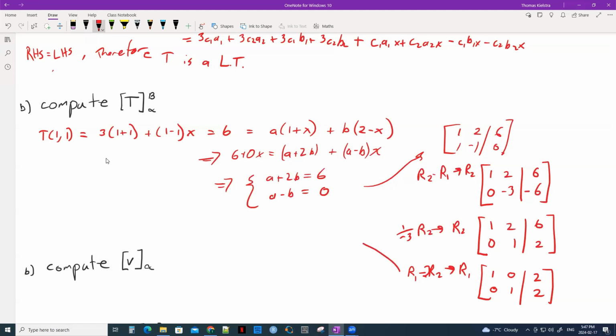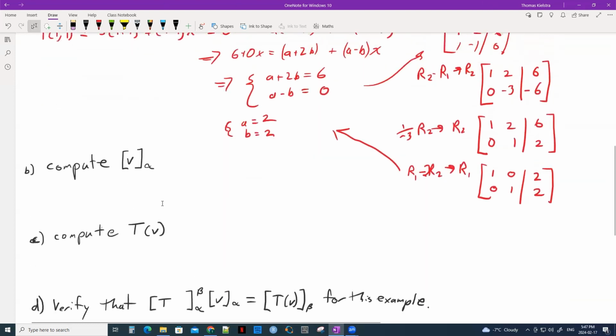Well, this tells us that a equals 2 and b equals 2, which is really nice.